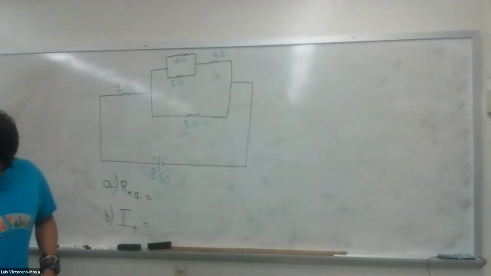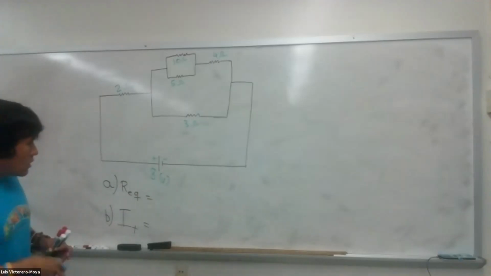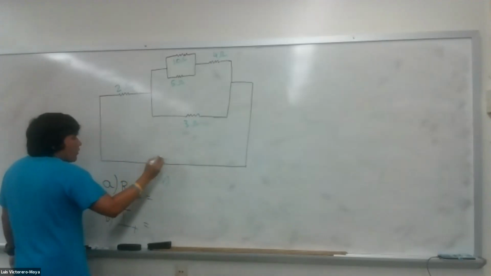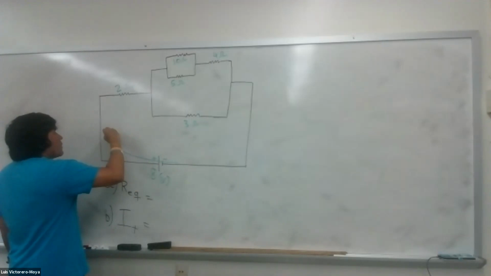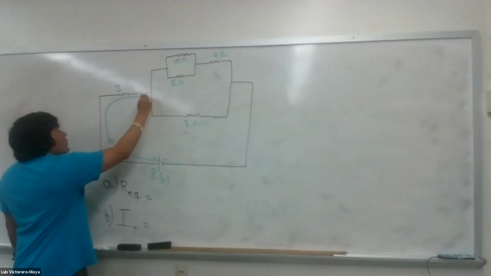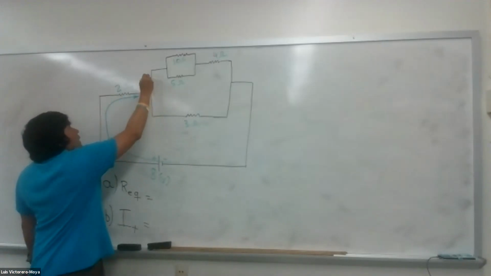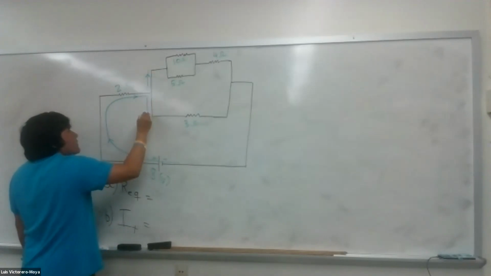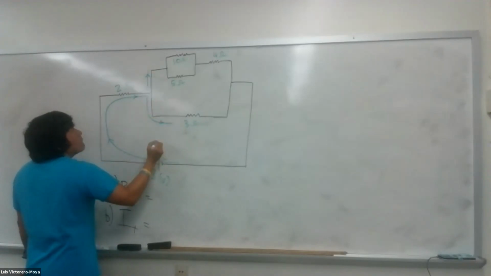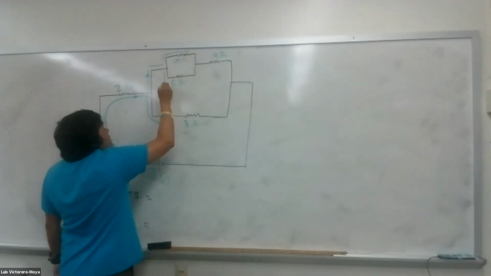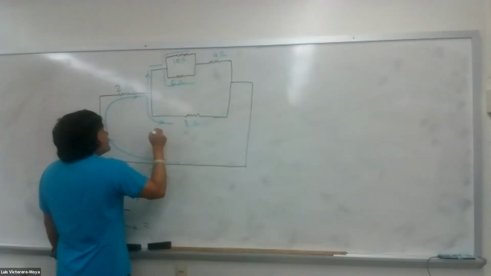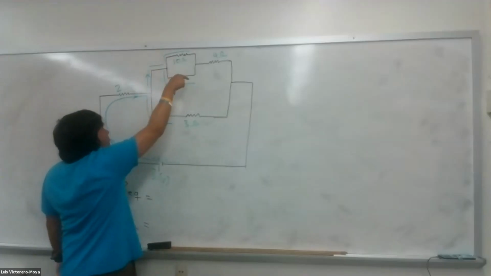Let's understand again what's happening on the problem. We have the current going like this. Then it gets split, like that, and like that. So it gets split and then it's split again.